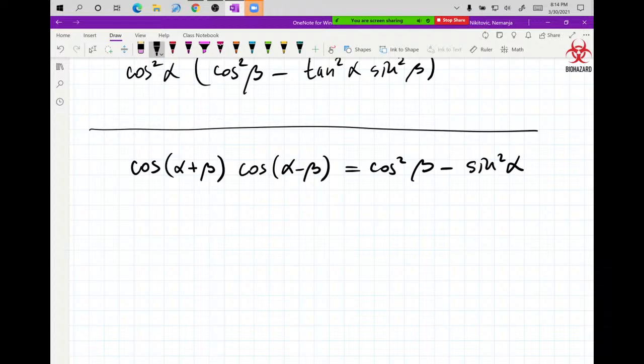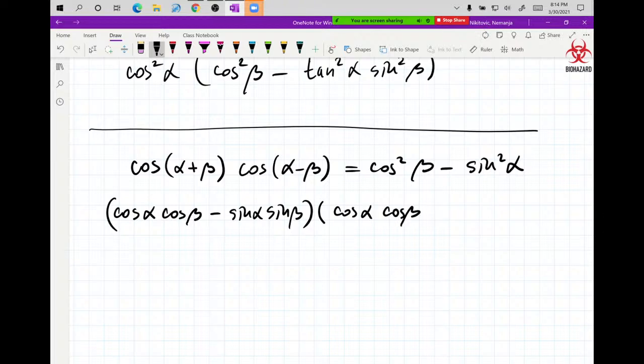Now, I'm not allowed to use any other identities than the basic one we learned. So again, cosine alpha cosine beta minus sine alpha sine beta, cosine alpha cosine beta plus sine alpha sine beta.